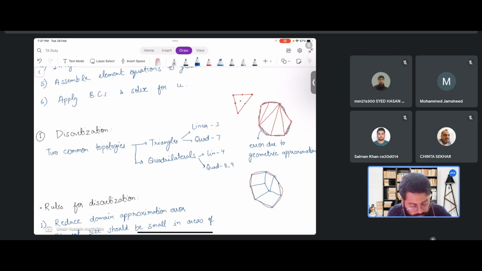So that's how we can do it using simple quadrilaterals.